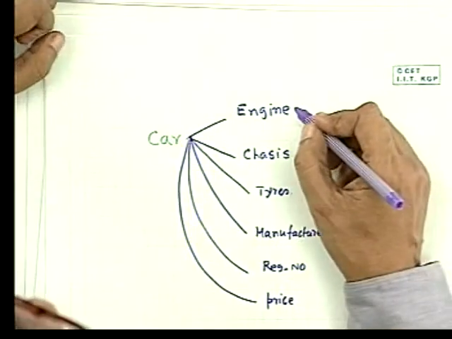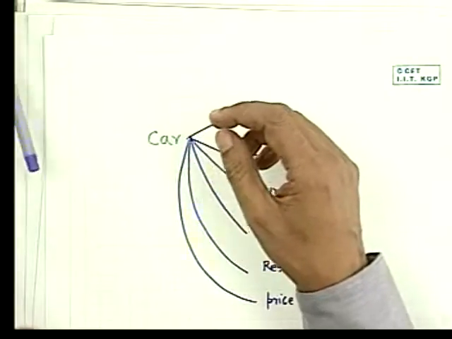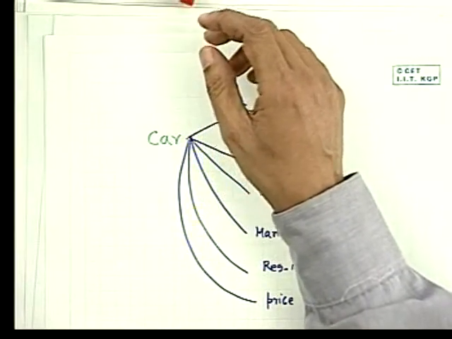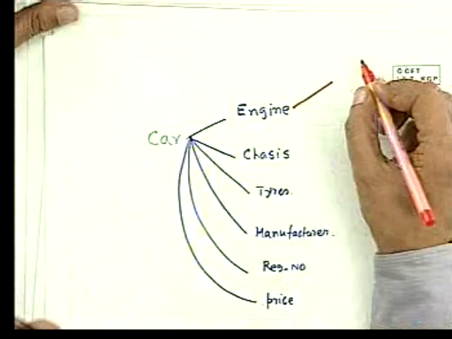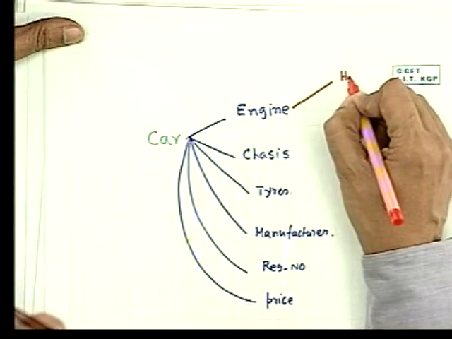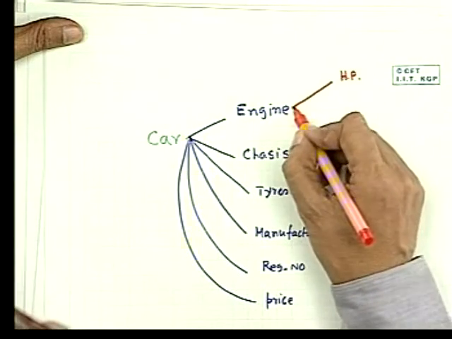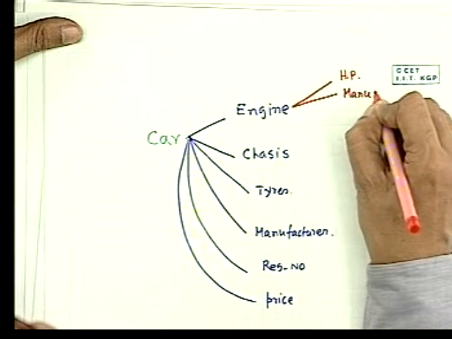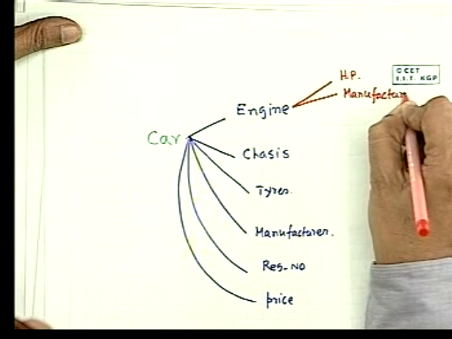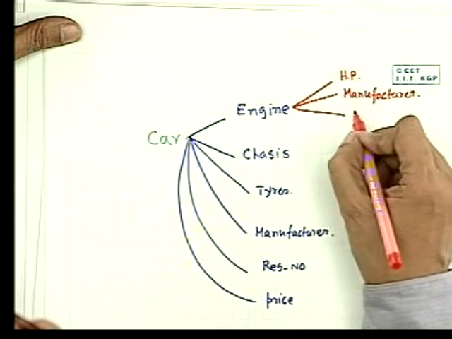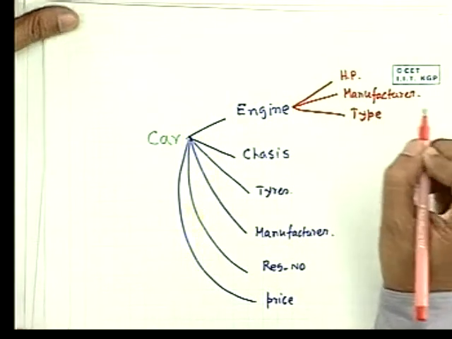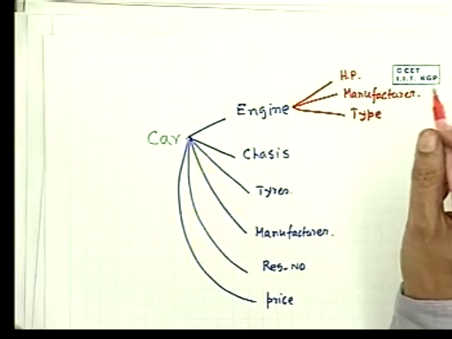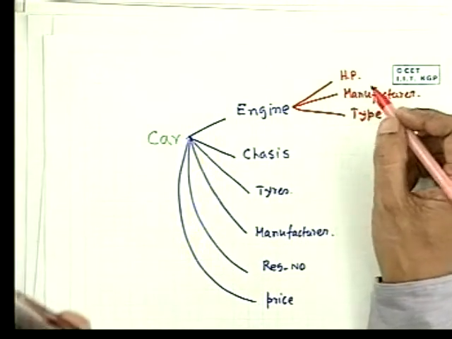Now you can see some of them may not be very simple types or simple objects. For example, the engine by itself is a very composite object, in the sense that it has several parts or attributes. For example, with the engine, we can ask what the horsepower of the engine is. The engine can have a different manufacturer. What is the type of the engine, whether it is a diesel engine or a petrol engine, how many cylinders are there, and so on.